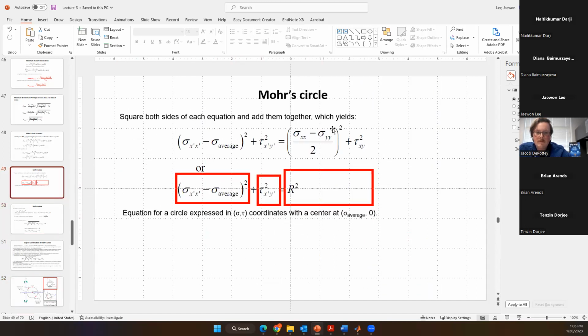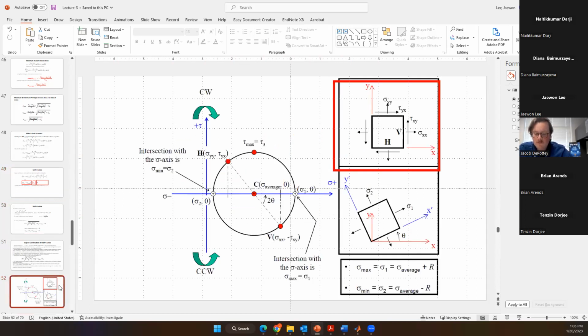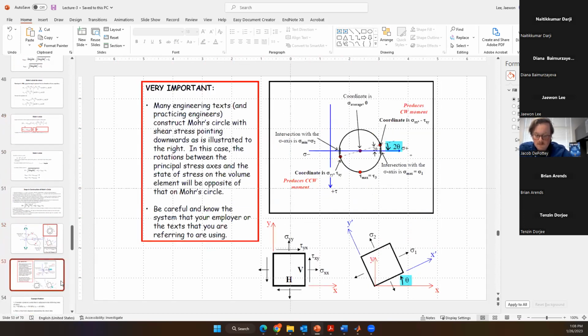Then you draw the circle using the radius. But the problem is that some textbooks draw the shear stress axis going down, and at that time you need to change it. So when you work in industry or with students later, please carefully check the direction of the axis.